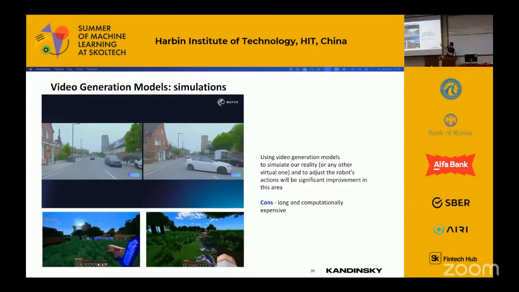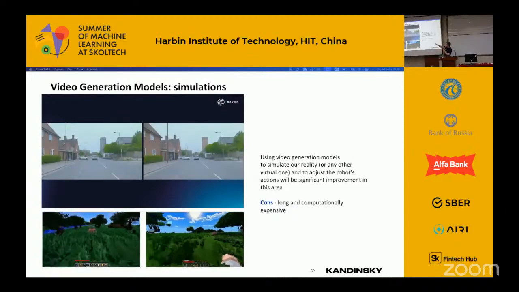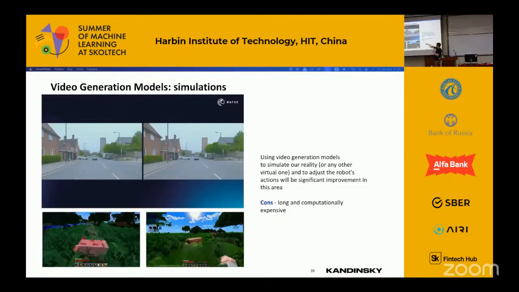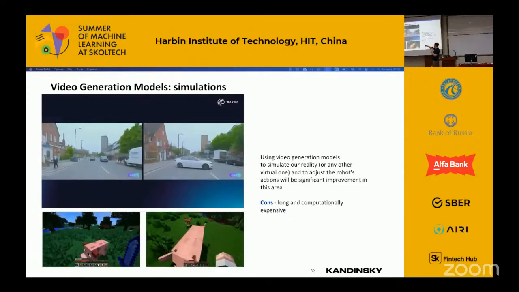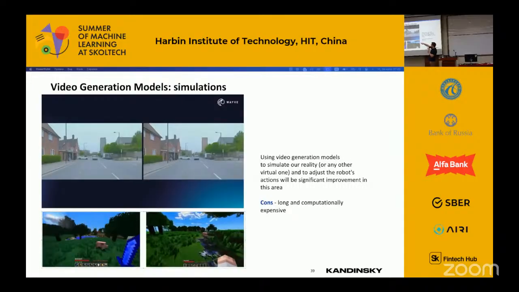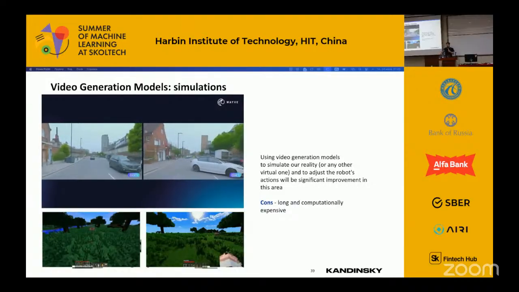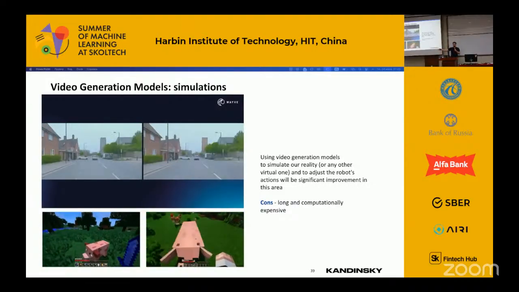There are, for example, Gaia 1, they do a robotics task actually here, and not robotics, pardon, self-driving. They simulate the different situations, not do it by camera, but simulate. Because video generation can simulate whatever you want.